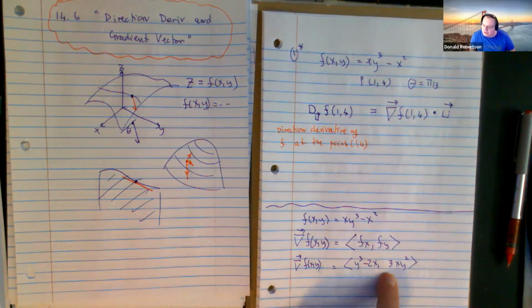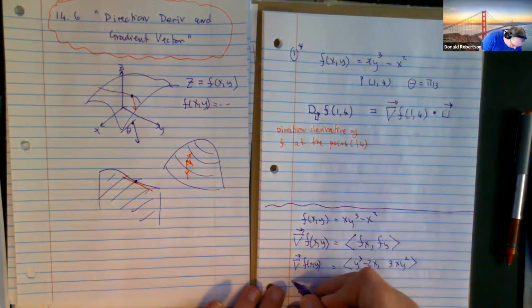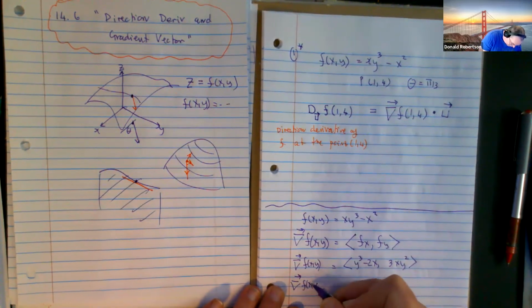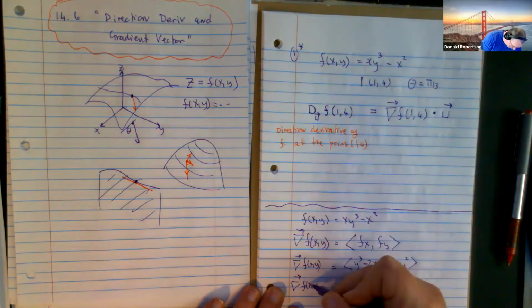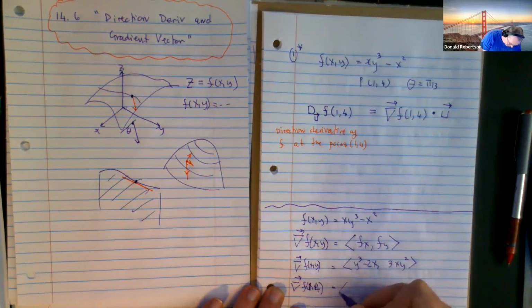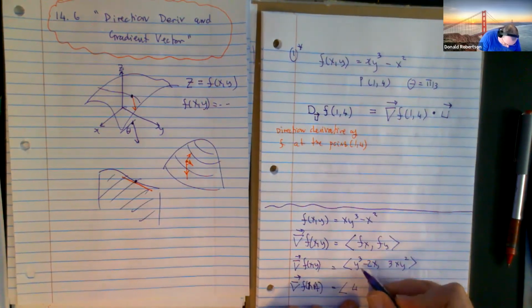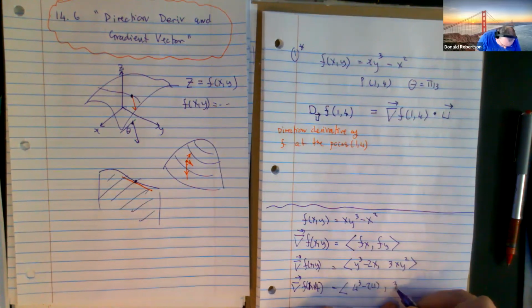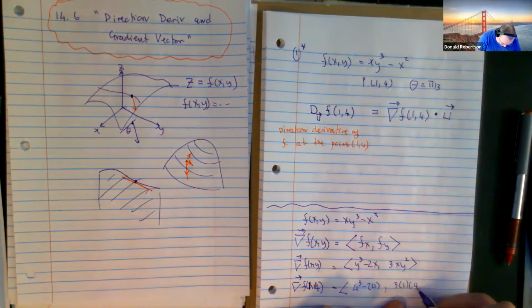Comfortable with this? Right. We're now going to evaluate the gradient vector at the point (1, 4). So that's 1, and this is 4. What does that get me? It gets me 4 cubed, take away 2 times 1, comma, 3 times 1 times 4 squared.